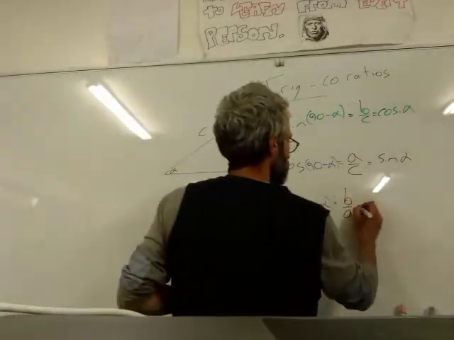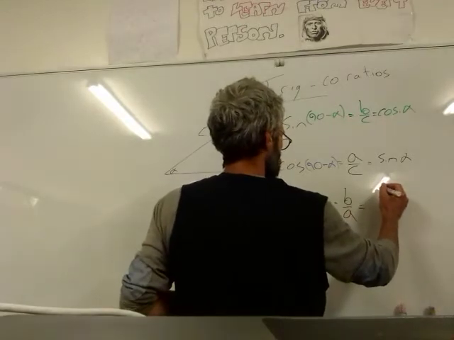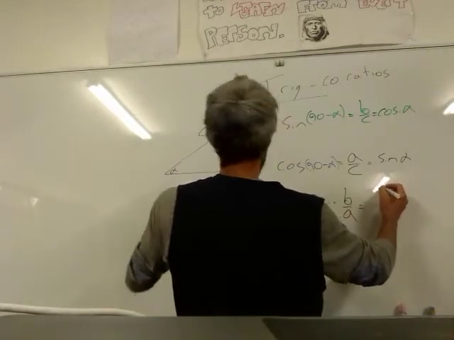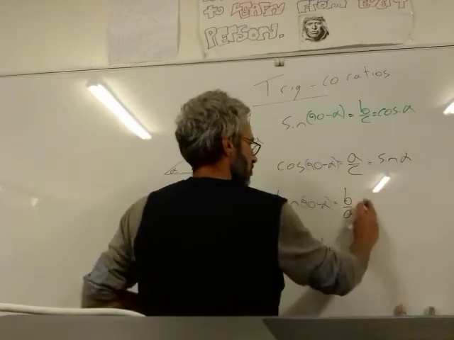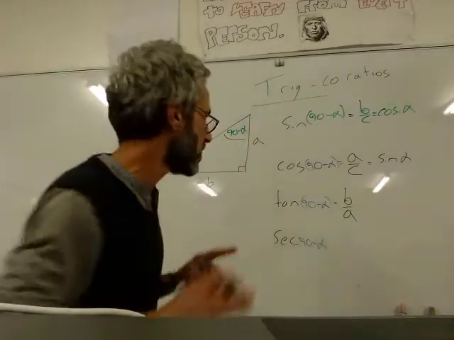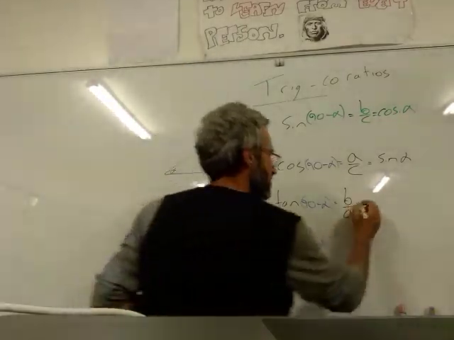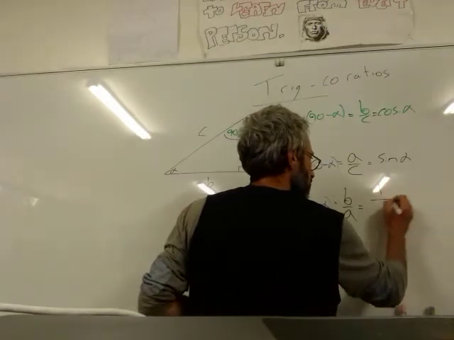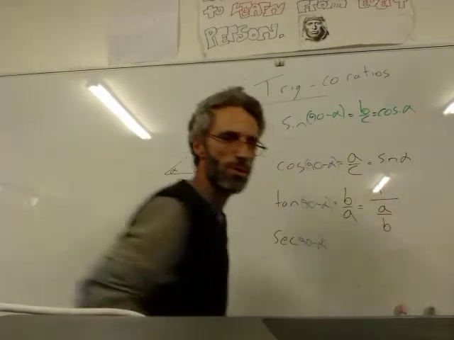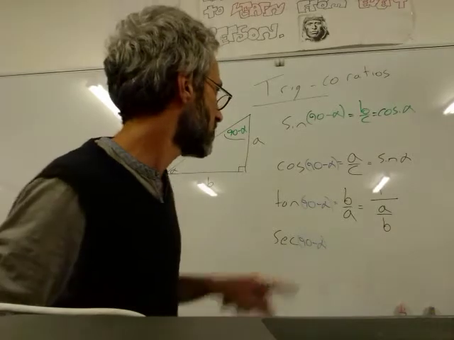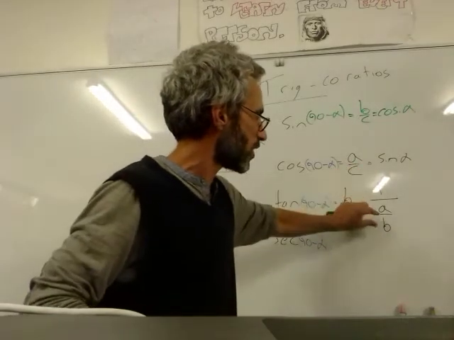Okay, so let's do it a little bit easier. What is B over A is the same as 1 over A over B. I think that will be better to explain that.